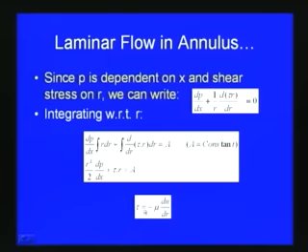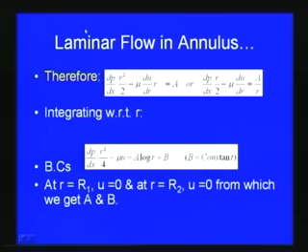Therefore, the laminar flow in the annulus we can finally write as dP by dx into r square by 2 minus mu into du by dr into r is equal to a, or dP by dx into r by 2 minus mu into du by dr is equal to a by r.